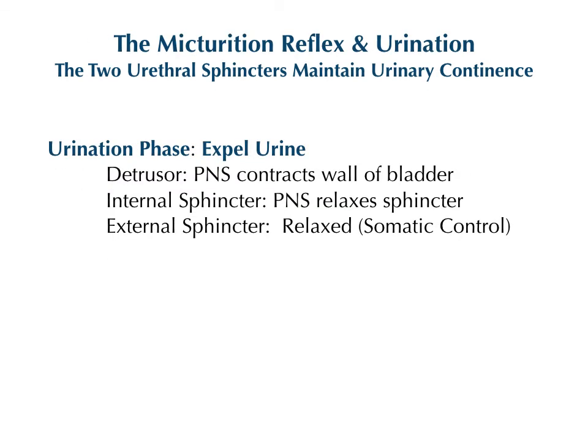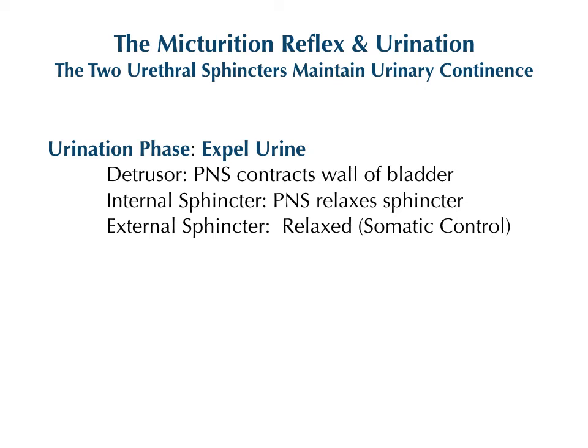During the urination phase, when you want to expel the urine, this is primarily operated by the PNS, the parasympathetic nervous system. At this time, when the parasympathetic nervous system fires, it causes a contraction of the detrusor, or the bladder wall.